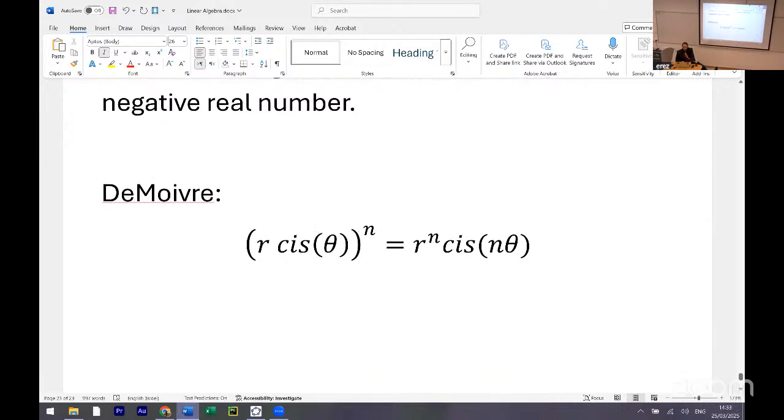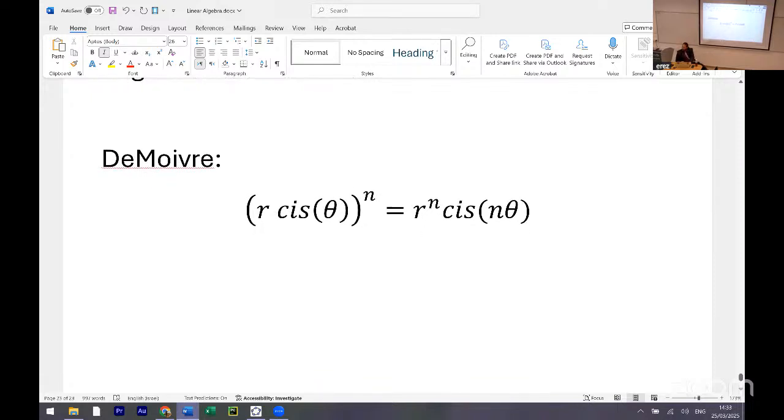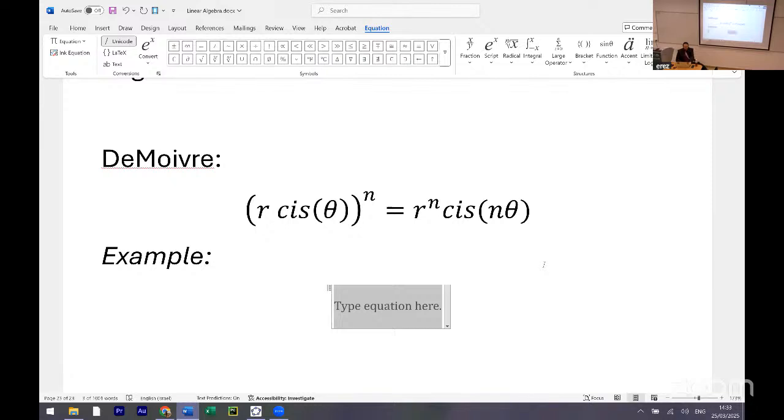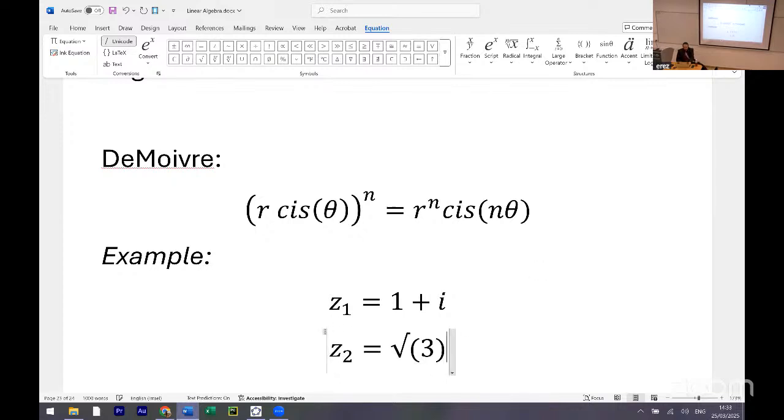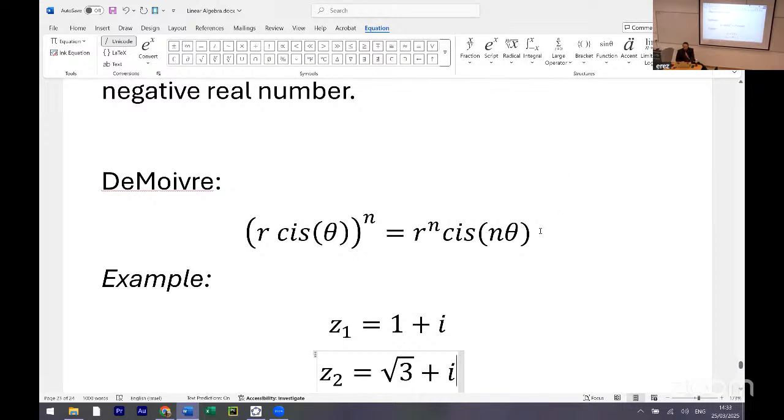Okay. Before I showed the Moivre law, I want to give another example. I should have written it before the Moivre law, but I was excited. So let's look at the following example. Take 1 plus i, which I've shown you before, call it Z1, and Z2 would be the square root of 3 plus i. Let's put it before the Moivre law, sorry.